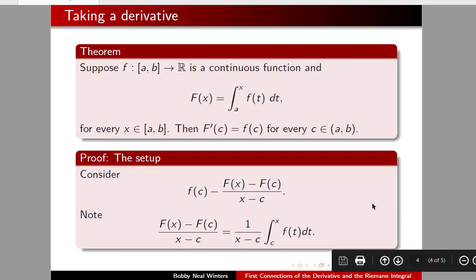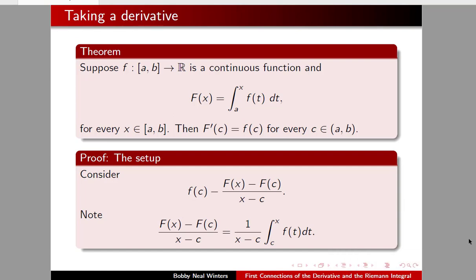Now note here I can calculate that (F(x) minus F(c)) over (x minus c) is equal to 1 over (x minus c) times the integral from c to x of f(t) dt. This is just by doing standard manipulation of integrals. There's nothing tedious required here.